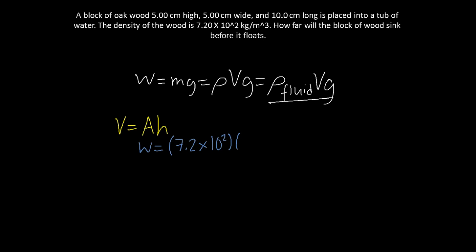times... So we're going to convert all of the dimensions given here, the 5.00 centimeters and this one, into meters by using dimensional analysis. Converting centimeters into meters, 5 centimeters will be equal to 0.05 meters.